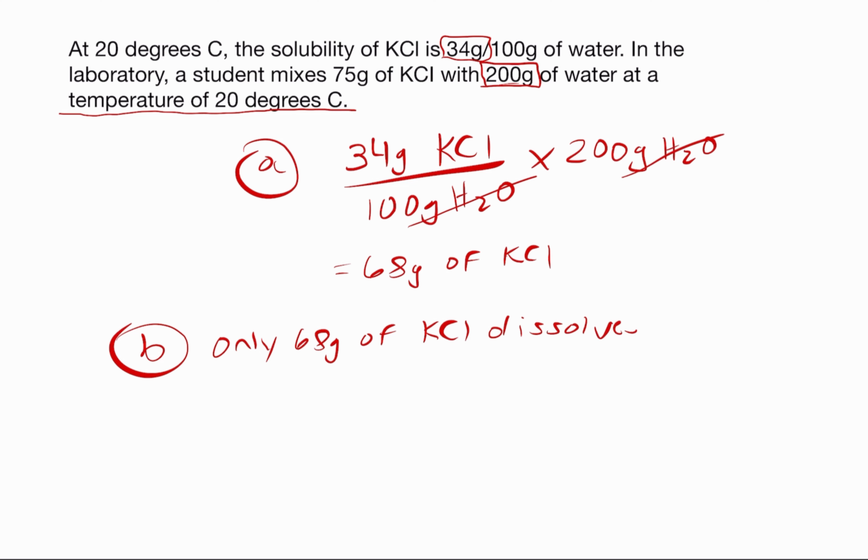But remember, this student put 75 grams, right? So the student put 75 grams. So this exceeds the amount that the student put. We can only have 68 grams for it to readily dissolve, but the student put 75.